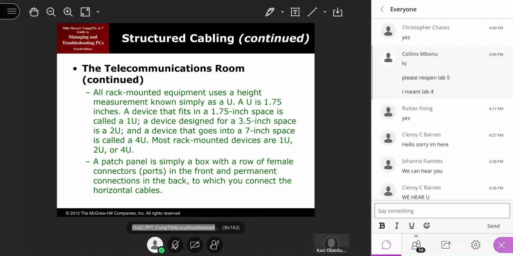A patch panel is simply a box with a row of female connectors. Female connectors, we know, receive, where we plug in, right? In the front are the connectors, and in the back are the permanent connections to which you connect the horizontal cables.